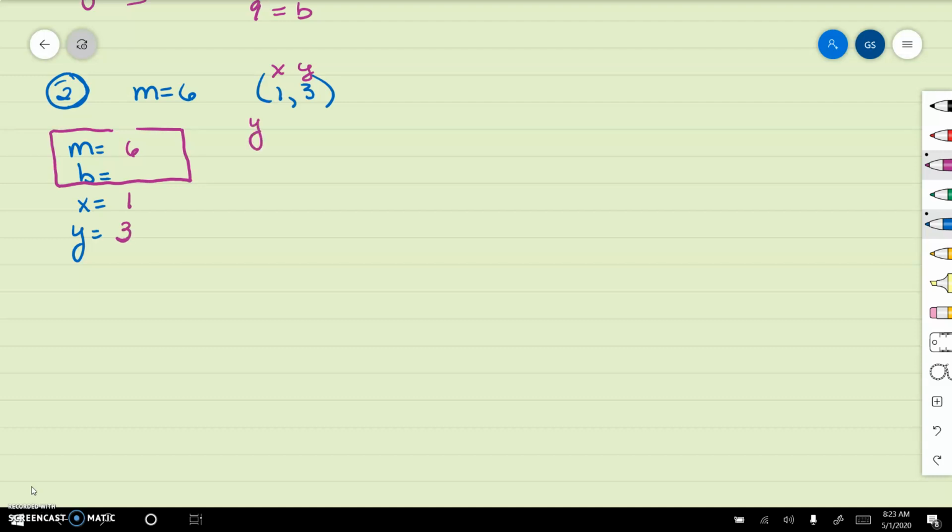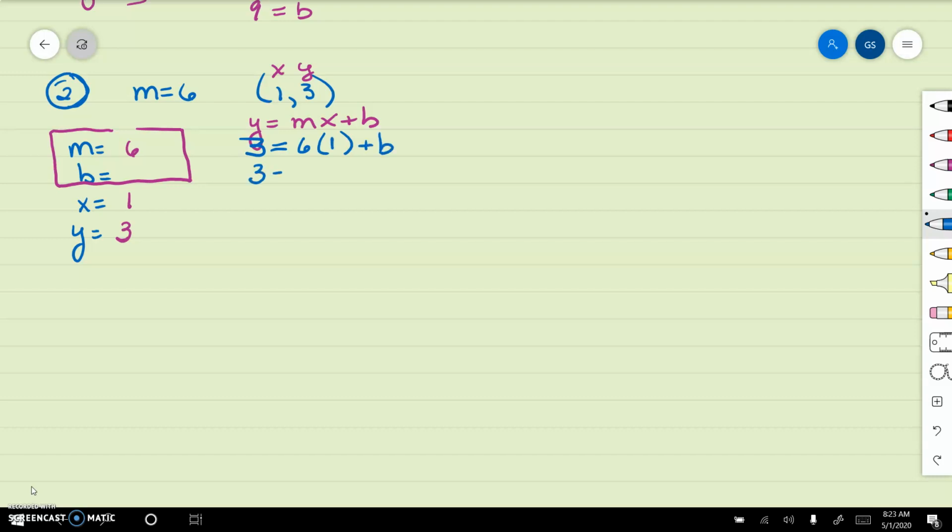I am going to substitute into the formula y equals mx plus b. You could think of it as a formula. So y is 3 equals, and then the m is 6 times x is 1 times 1, and then plus b.